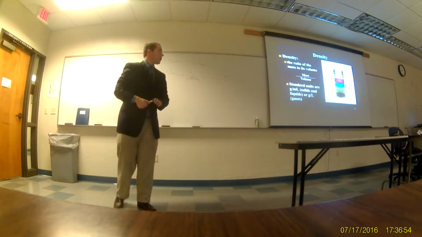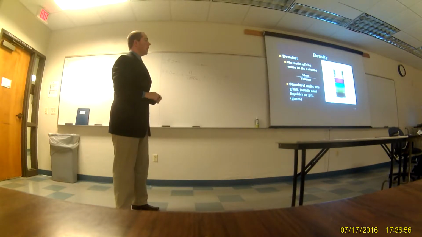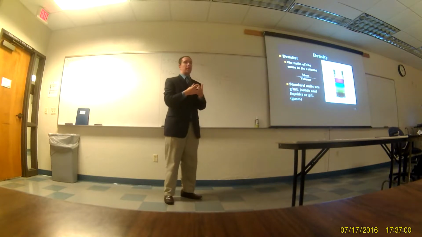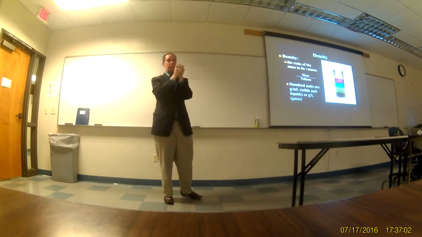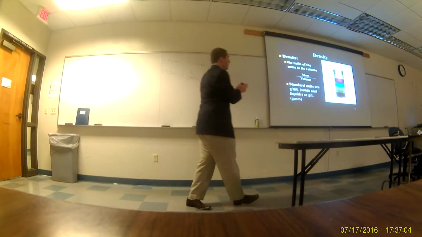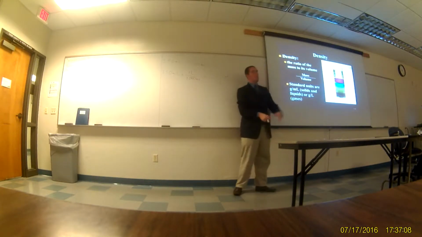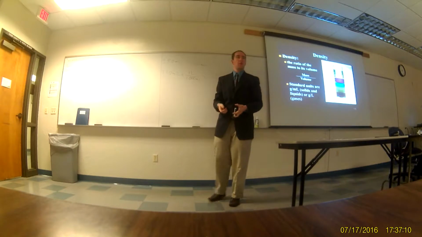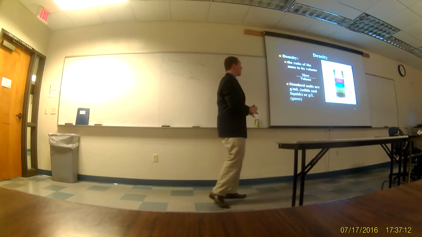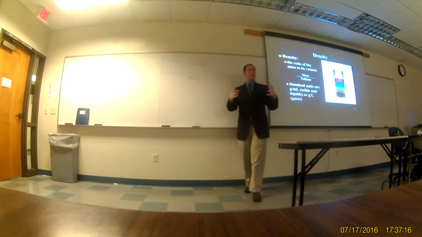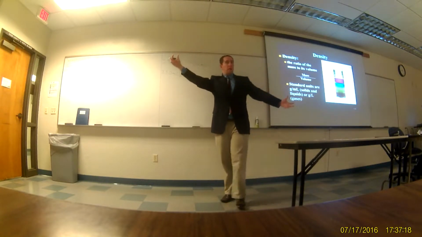So if we are measuring density of solids or liquids, they're normally pretty high because the molecules are packed close together. And so the normal unit for density is grams per milliliter or grams per cubic centimeter. If we're dealing with gases, gases are very low density because the molecules are spread way apart.